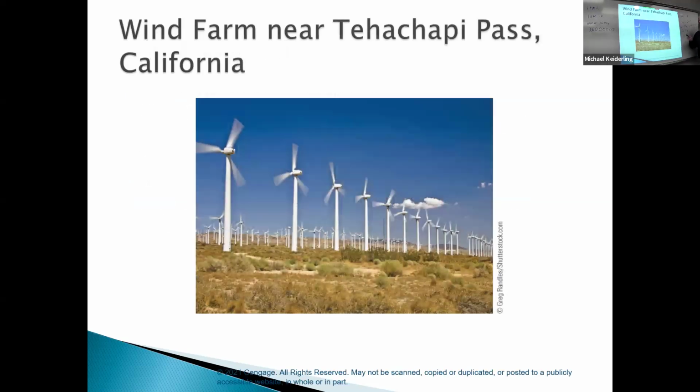So here, for example, is a wind farm near Tehachapi Pass in California. Yeah, the big problem with wind and solar is that they generate power when they generate power, not when you need power. And the electrical grid works on instant consumption tied to production. There's no buffer or storage.